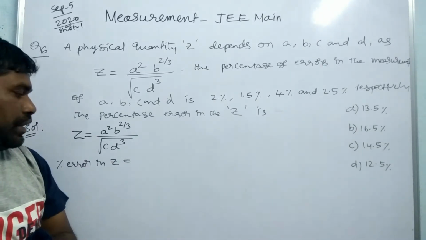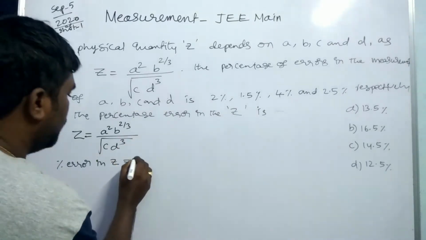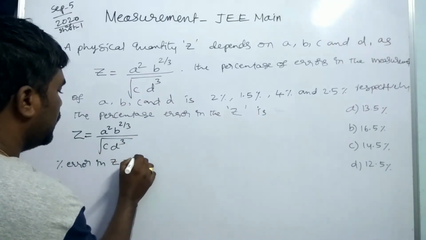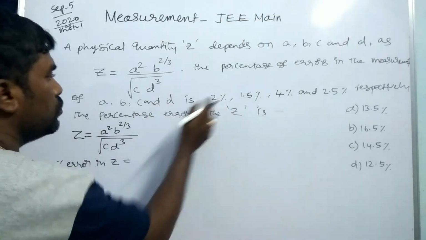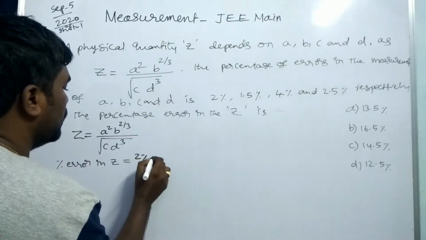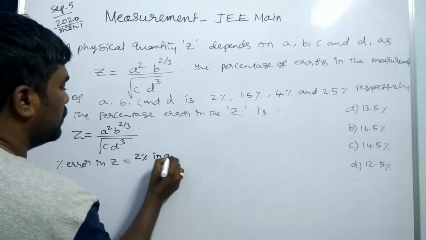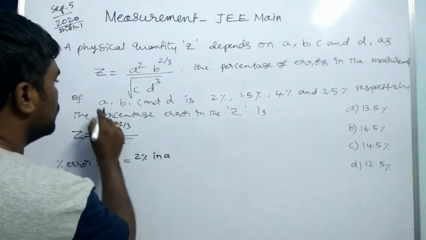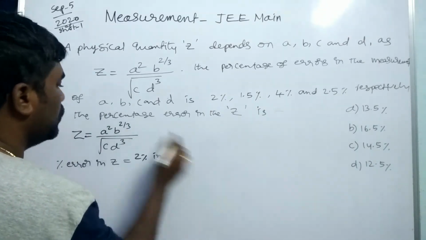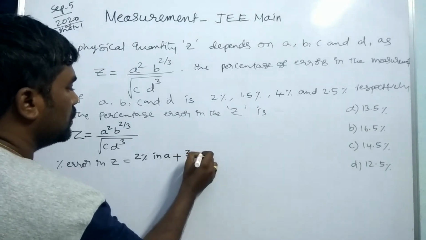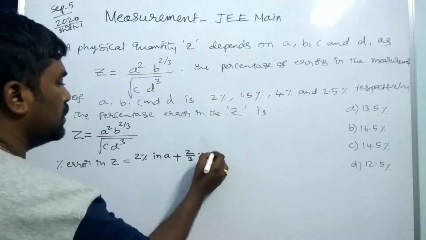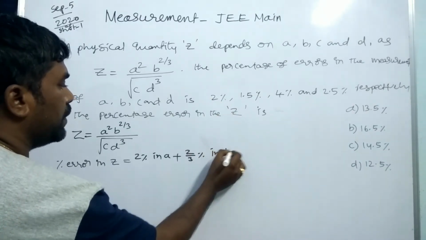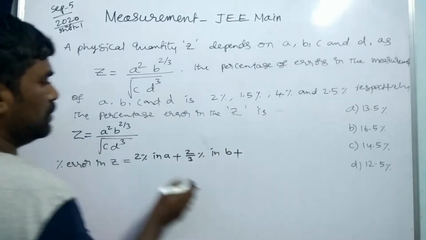percentage error in A. So 2% of error in A, and plus 2 by 3% error in B, and plus how much?